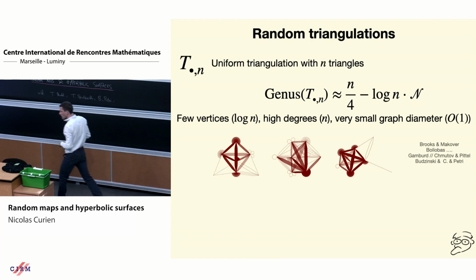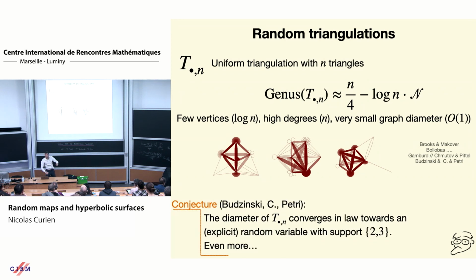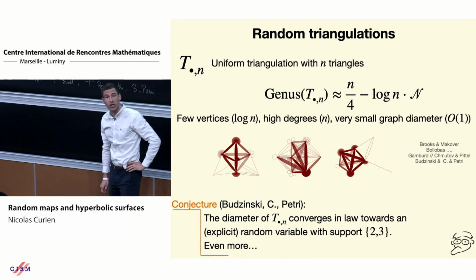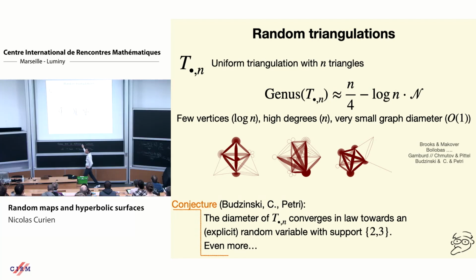So there are many people who have contributed to this, and if you want one open problem, and if you're fed up with the talk right now, you can stop and think about this conjecture that we have with Thomas and Bram. We have a model where we can prove this conjecture, which is not this model of triangulation. The diameter of this random triangulation should converge in distribution towards a random variable with support 2 or 3. What do I mean by that?